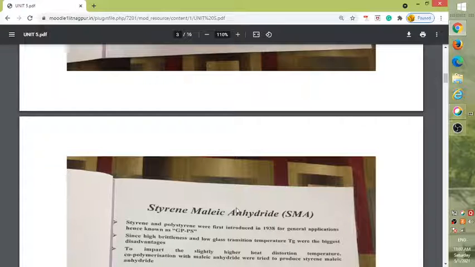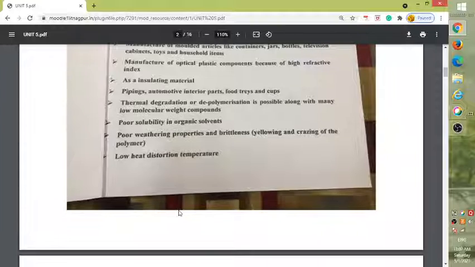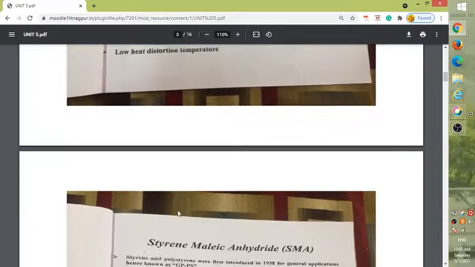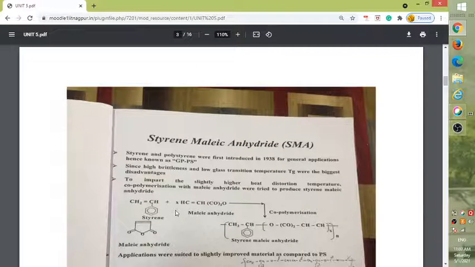Means suppose you have a polymer and you keep it in a hot solution and you keep a load over it, so at some time it will resist the load, so the polymer will maintain its dimensions, but once the temperature goes beyond its heat distortion temperature, then definitely the polymer will show the bend, and that is why it is the heat distortion temperature.